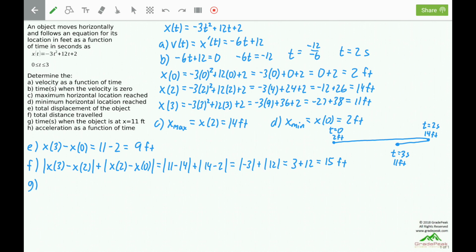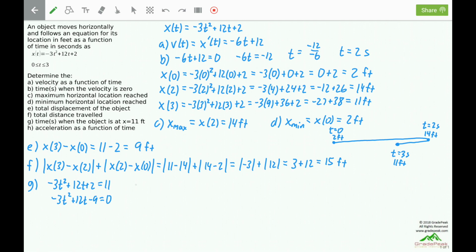For part G, we want to find the time or times when the object is at 11 feet, and that's going to be found by taking the position function of time that was given and setting it equal to 11 and solving for all the times where that occurs. Let's subtract 11 from both sides so we can equate it to 0, and that will give us a minus 9 here.